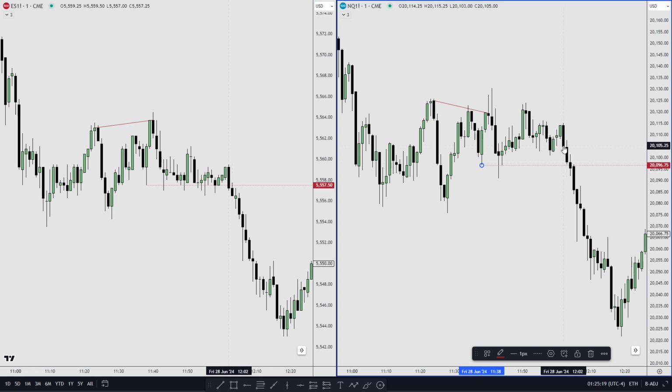So this is not a strong confirmation yet because NQ hasn't confirmed it, right? Only until the closing price of 12:04 we get that confirmation, which is this up close candle here for ES.